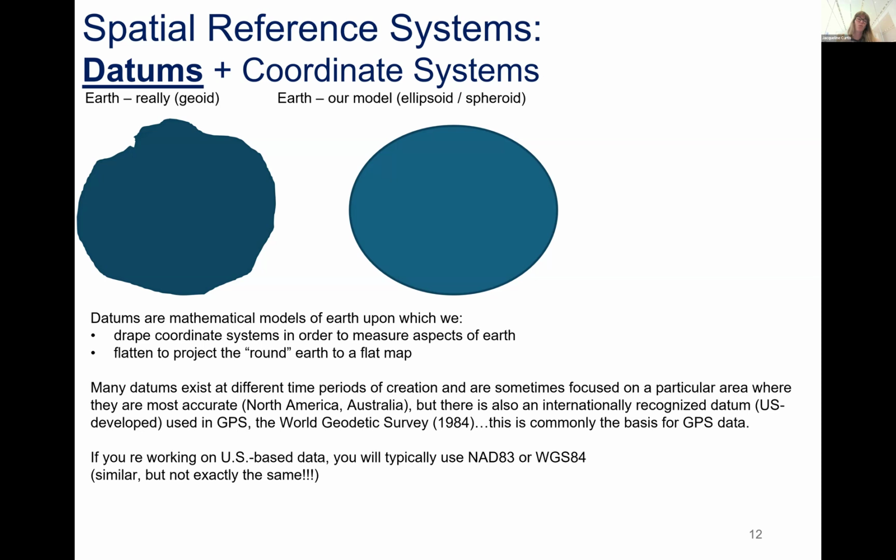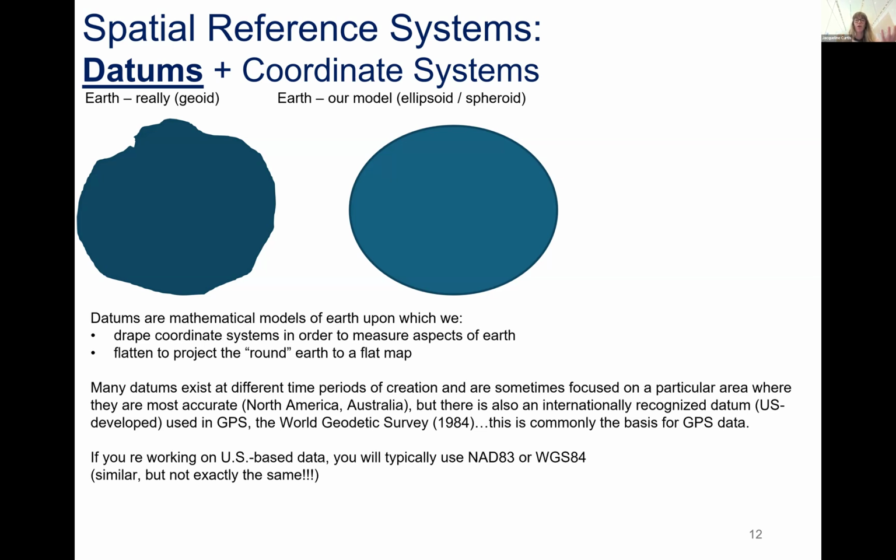So Earth is really a geoid, which is this lumpy thing I have over here on the left, which you can imagine. But when we go to map Earth in a geographic information system, we have to use a model of that really messy, uneven geoid. And that's where Earth gets represented as, we would call it either an ellipsoid or a spheroid.